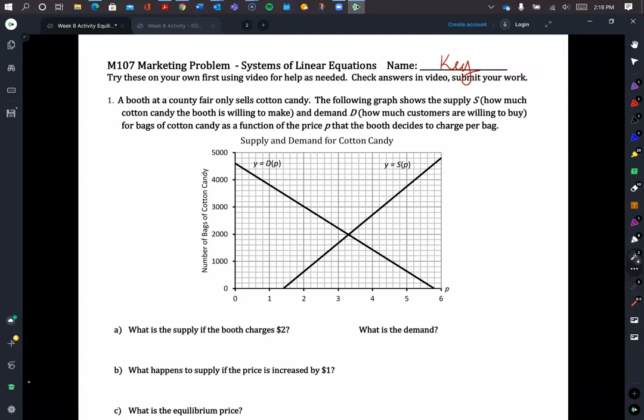And so let's look at the supply at price P. As P increases, this is the number of bags of cotton candy that are being supplied. So there's a sweet spot right in the middle where they intersect.